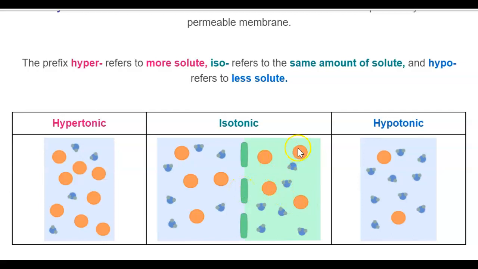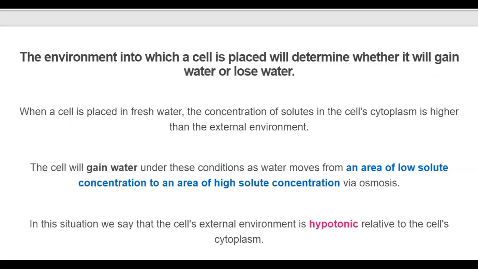We've got 4 solute particles on the right-hand side and 4 on the left-hand side. Hypotonic means that you've got less solute. You can see there are only 2 particles of solute here versus lots here, 6 or 8, and lots more water in the hypotonic solution.